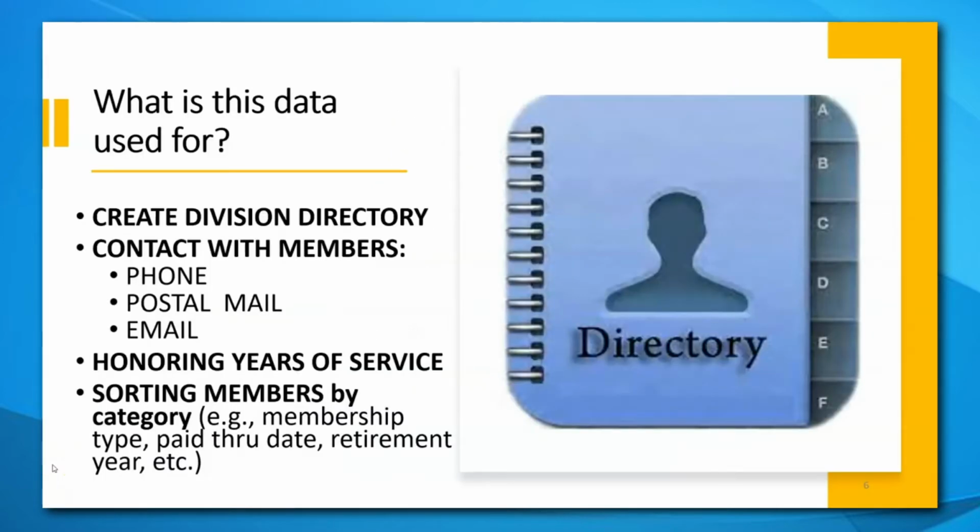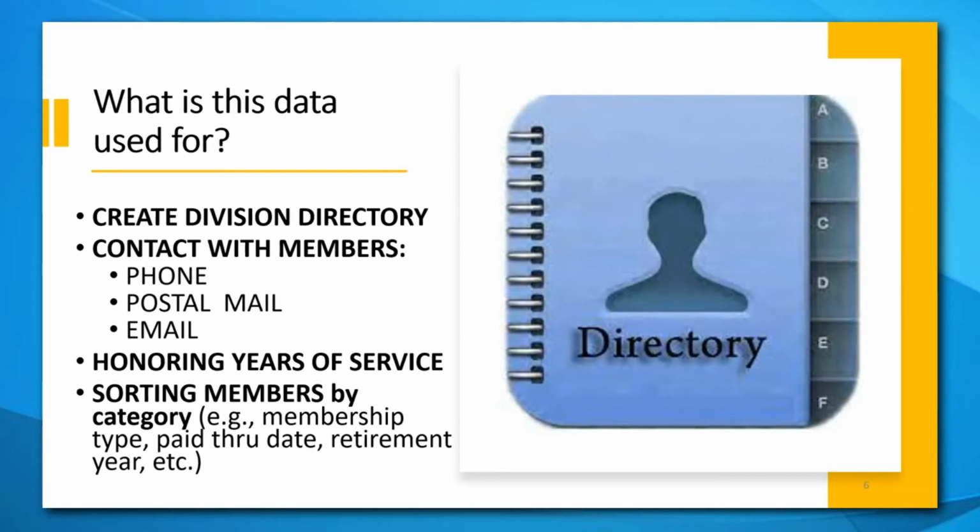So let's talk briefly about what this data is typically used for. As I mentioned earlier, the most common use for divisions is to incorporate the contact data in their division directory. Those directories are then shared, either electronically or in a hard copy format, with their division members every 2 years or so. The directory is a vital tool for division leaders and members in maintaining communication with one another.